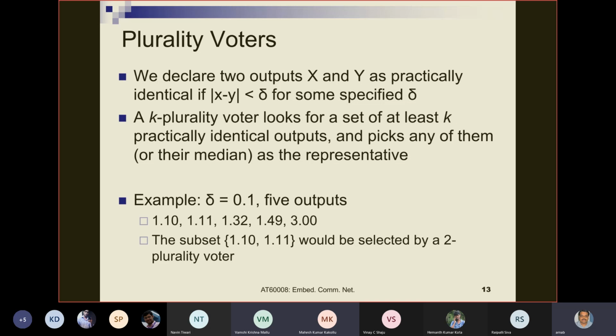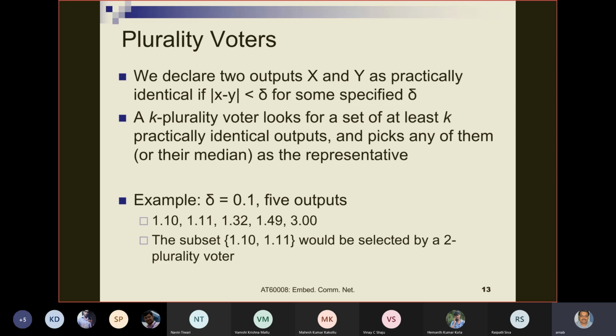Yes, sir. Yes. So here comes the plurality voter. A k plurality voter looks at a set of at least k practically identical outputs and picks any of them as the representative. Now, what do we mean by practically identical in this case?